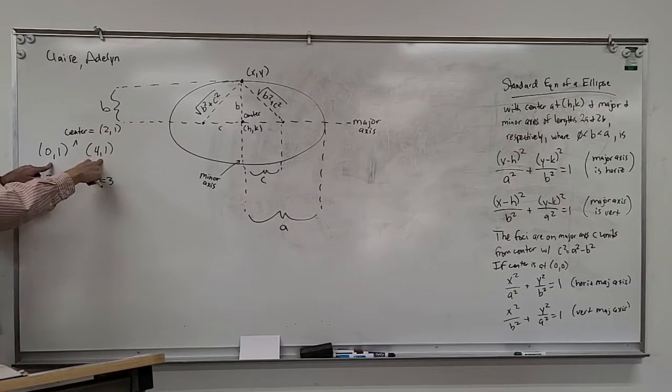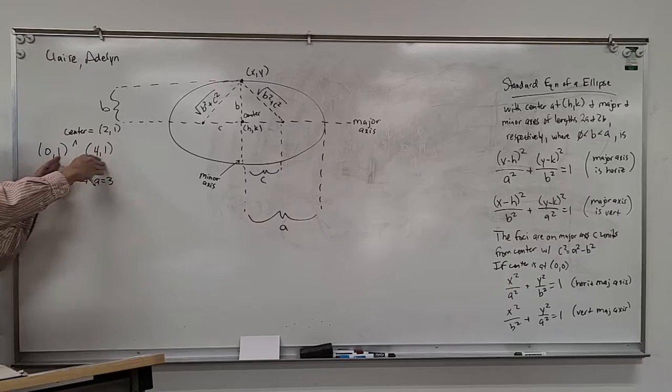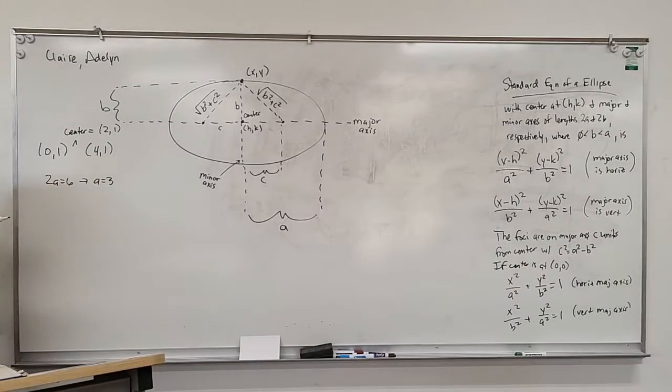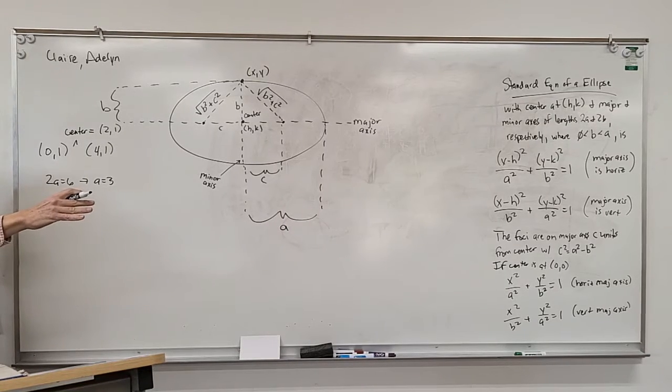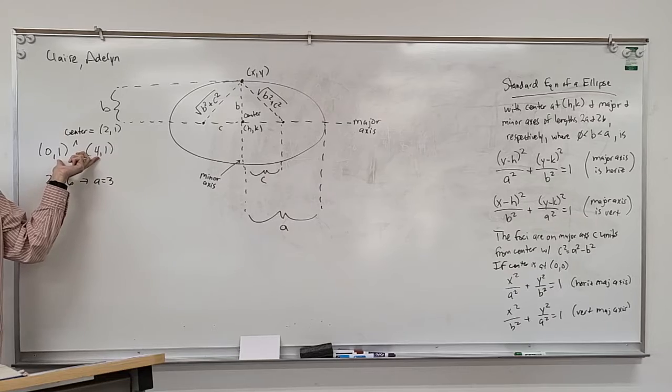Would you just take the first one divided by 2? I would just, yeah, the y stays the same. So because the y is the same, then we know that the major axis is going to be horizontal. Does everybody see that? And the center point will always be halfway, because the foci are the same distance on each side, right?